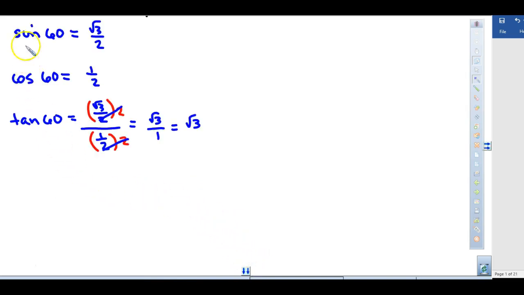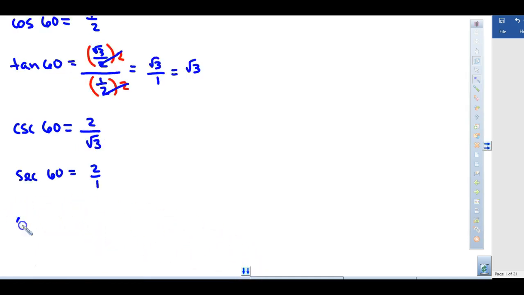And then cosecant, secant, and cotangent would be the reciprocals of those. So cosecant of 60 would be to flip this and make it 2 over the square root of 3. Secant of 60 would be to flip this and make it 2 over 1. And then cotangent of 60 would be to flip this and make it 1 over the square root of 3.